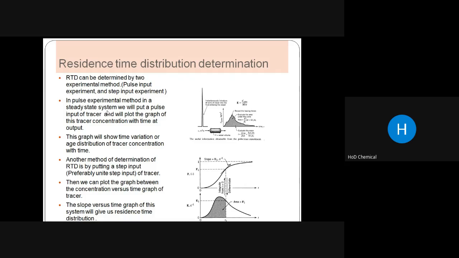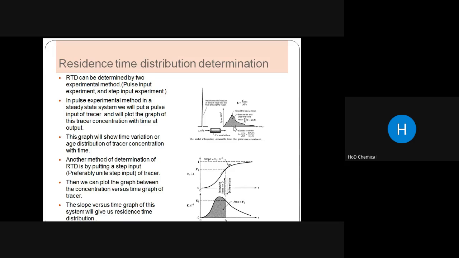Based on the tracer, the output can be plotted in pulse manner graphically, with variation with respect to time.